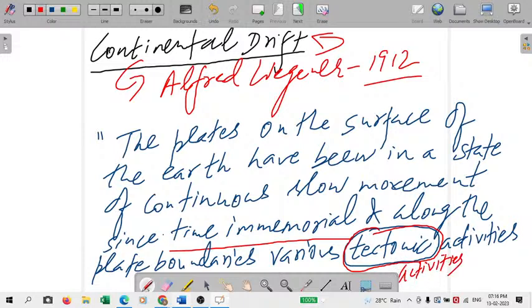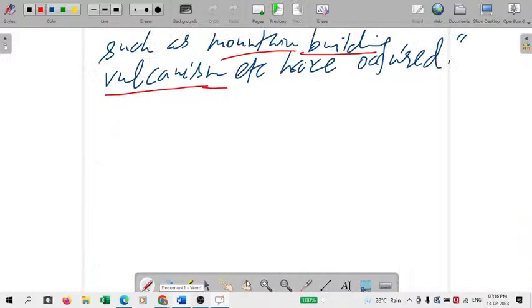Tectonic is very simple: activities related to or pertaining to earth movements are called tectonic activities. Earth movements means not the earth as a planet moving, but the crustal plates on the surface of the earth. Along the plate boundaries, various tectonic activities such as mountain building, volcanism, etc. have occurred.